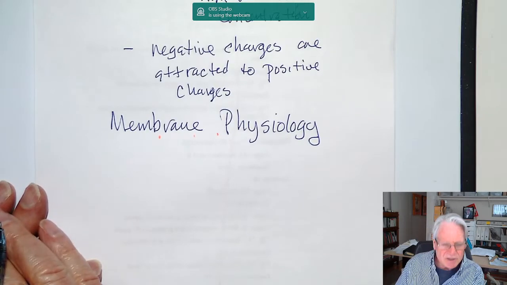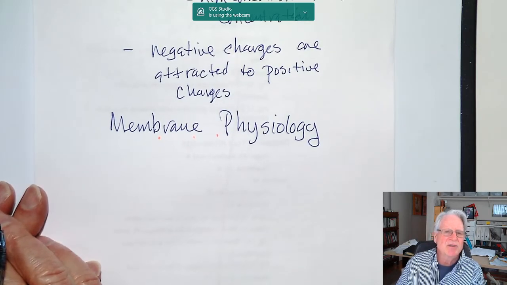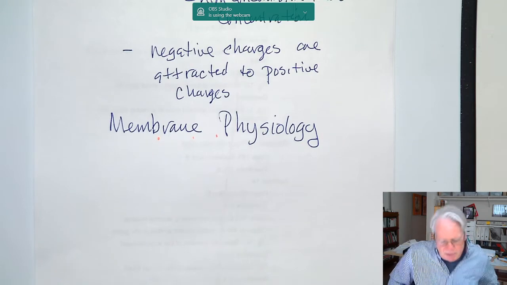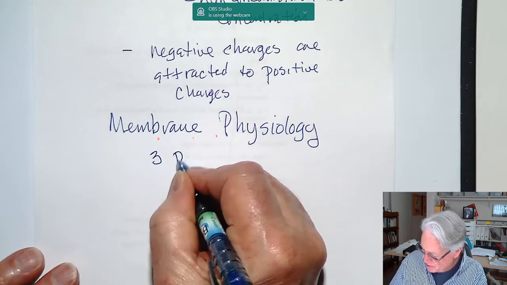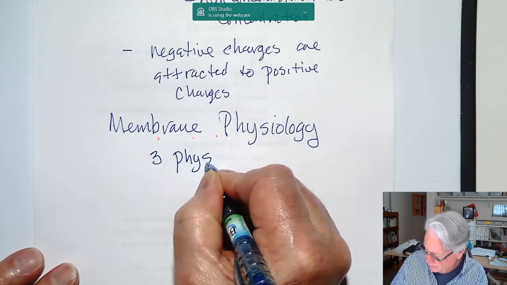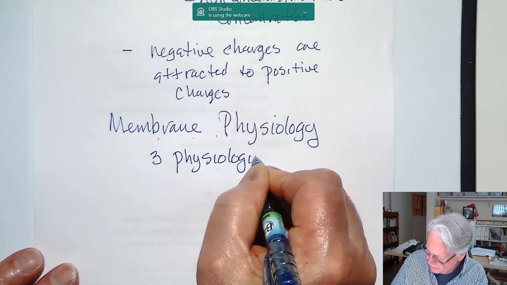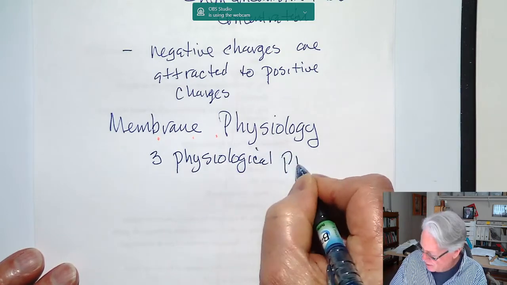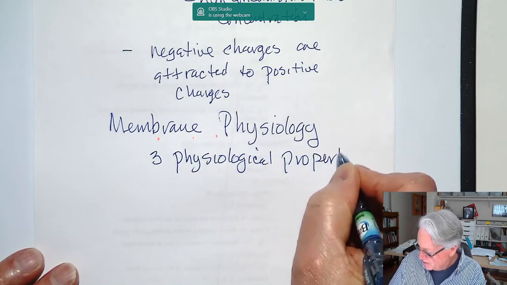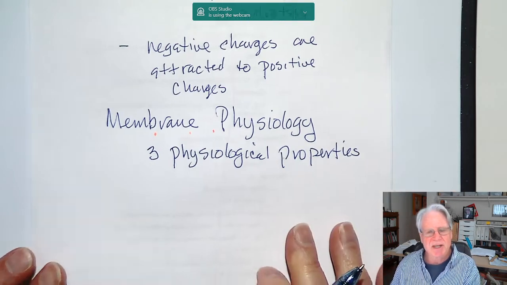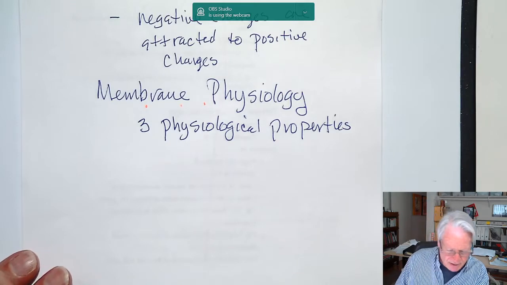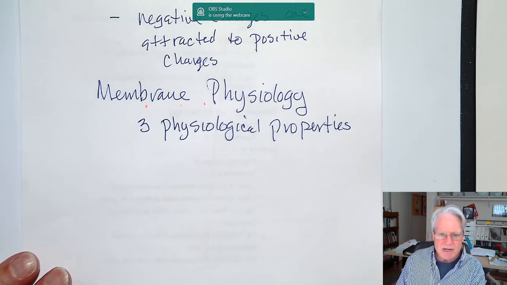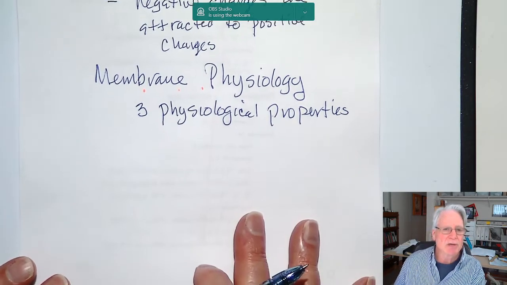And what we see is that by the very nature of the membrane, we get three very important physiological properties out of what we have been describing so far. That is to say, out of how the membrane is put together, including its proteins, and these electrochemical gradients. I'm going to quickly list them and then we'll go into more detail.